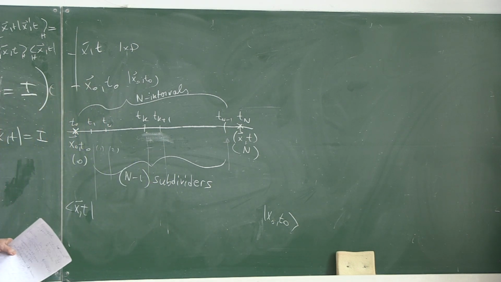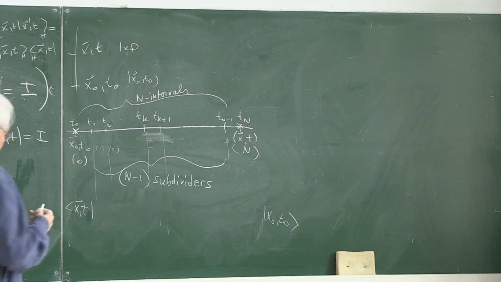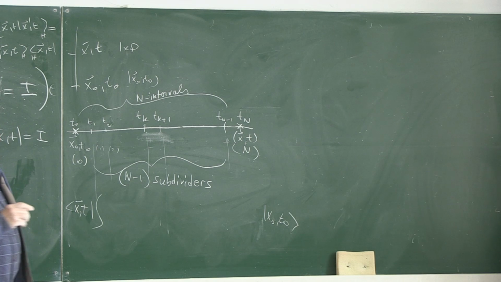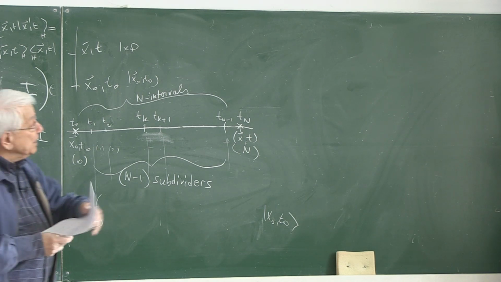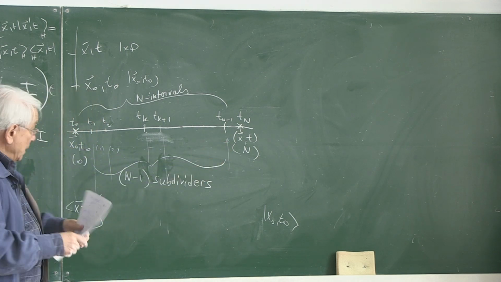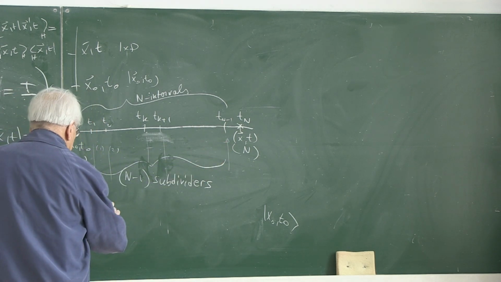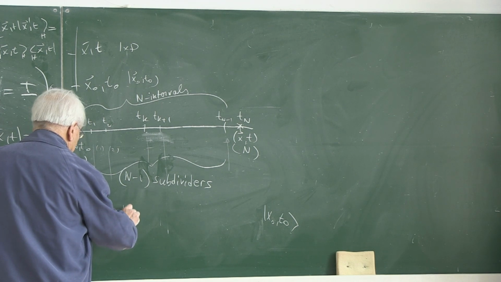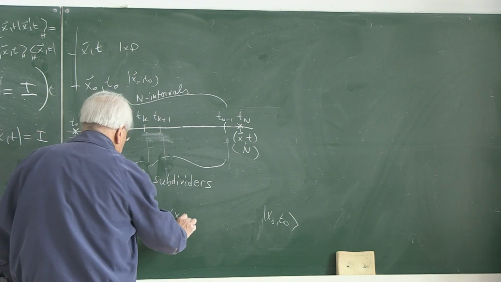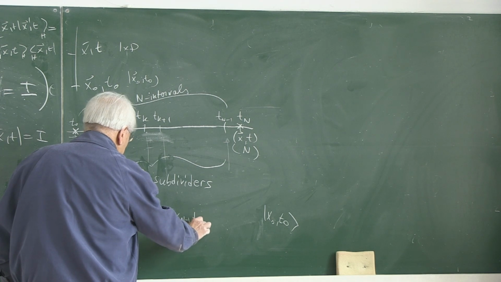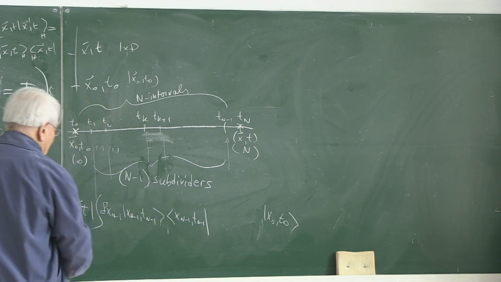Identity is what? Identities of the completeness of eigenvectors of the position operator. Let me insert one identity at the neighboring point of the final one at Tn inverse. So what is it? Integral d cube x_{n-1}, |x_{n-1}, t_{n-1}><x_{n-1}, t_{n-1}|.